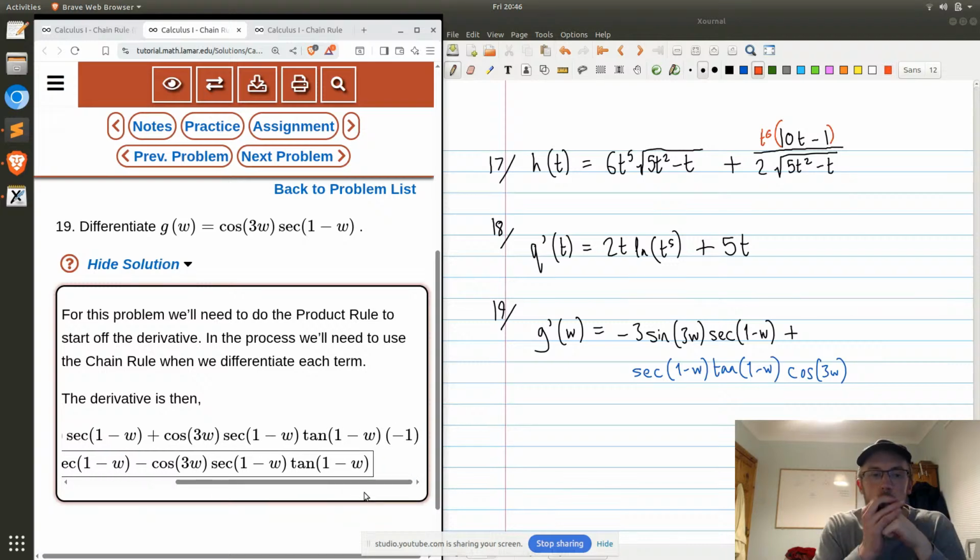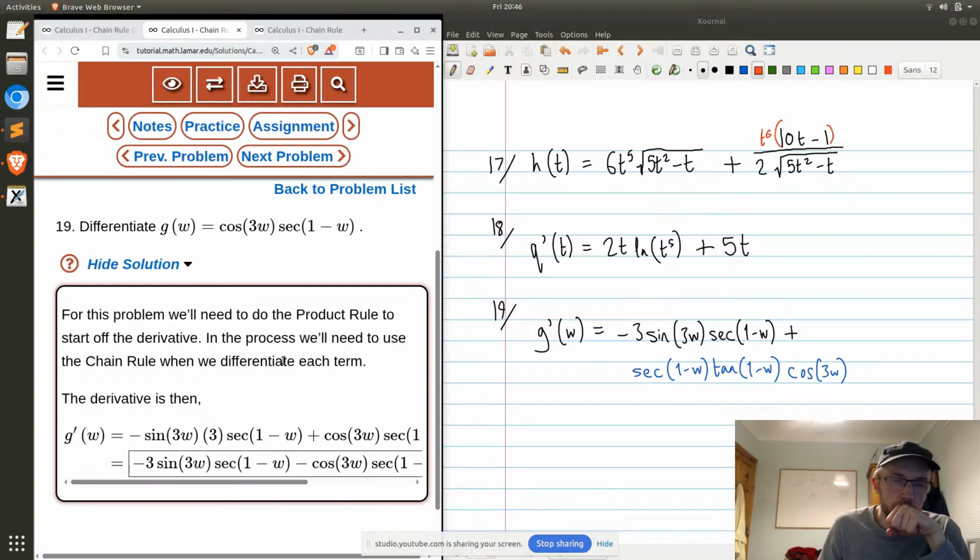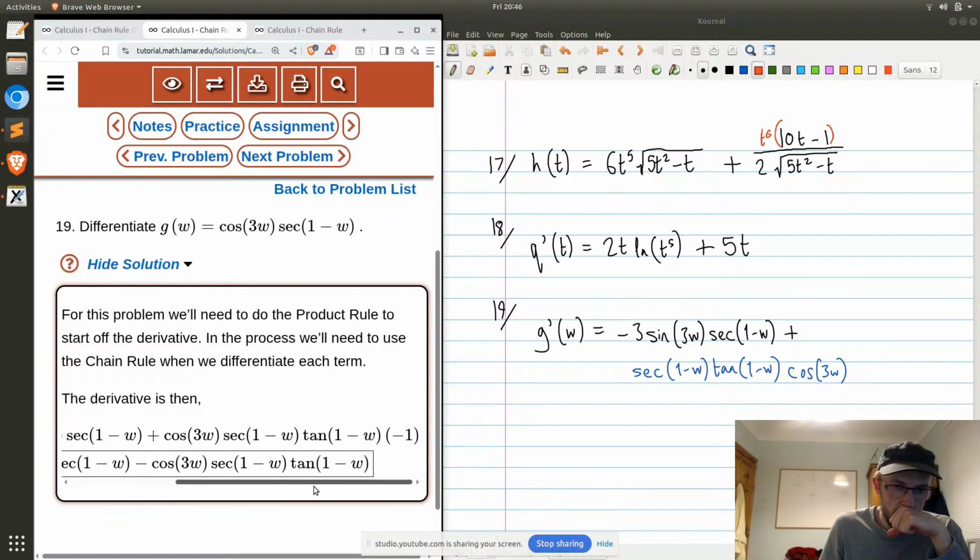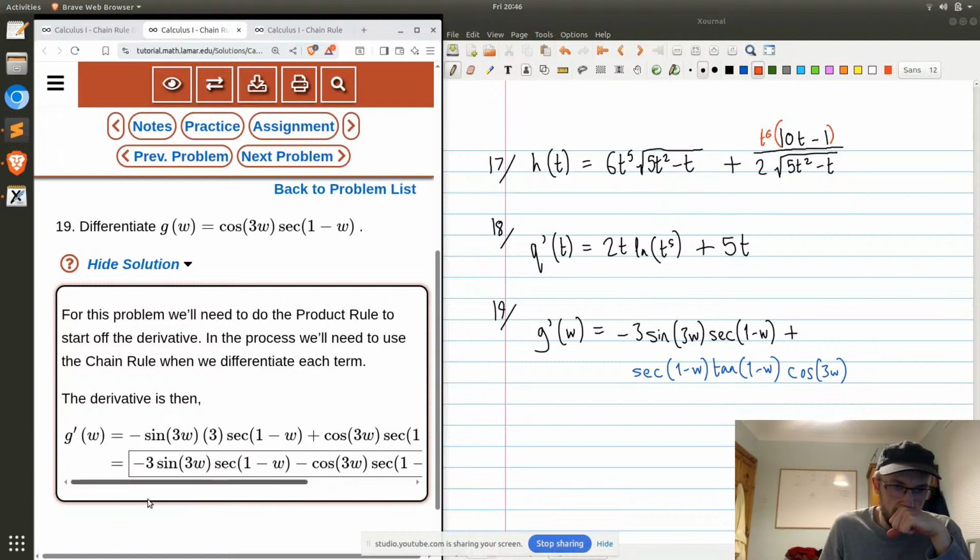But where's the minus 1 coming from? No, I don't actually know where it's coming from. Try and think. Where does it come from?